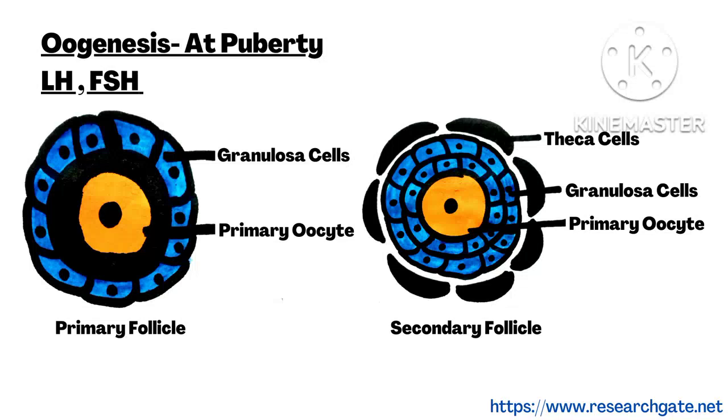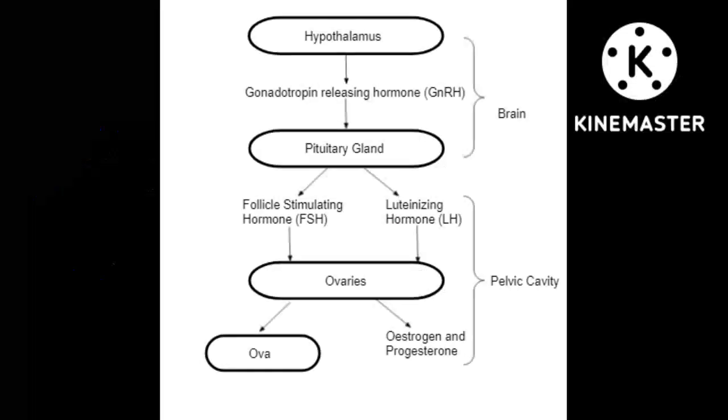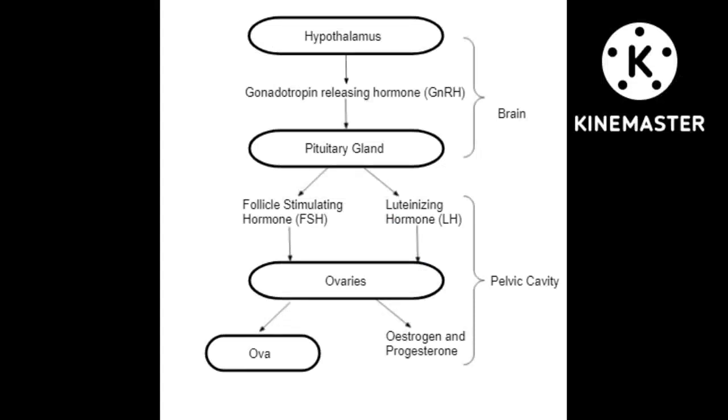These hormones come when the hypothalamus, master of the master gland, secretes GnRH, and due to this, the anterior lobe of the pituitary gland secretes gonadotropin, which acts upon the ovary, and FSH, the follicle stimulating hormone, stimulates the growth of the primary follicle, and the luteinizing hormone helps in the process of ovulation.